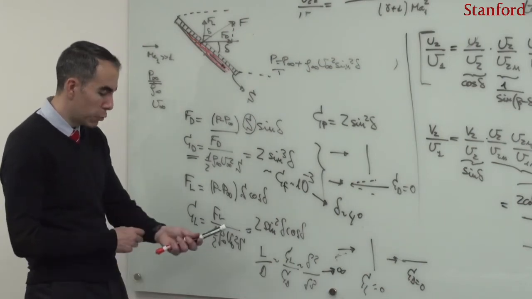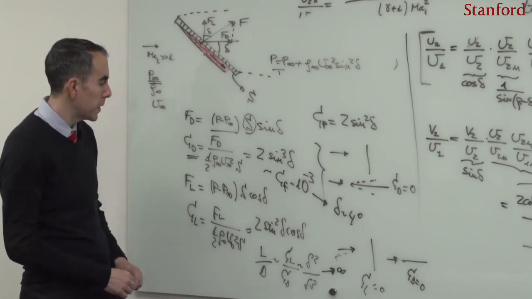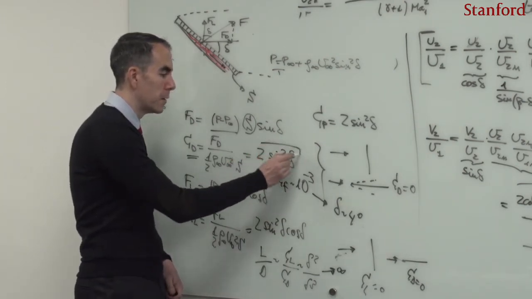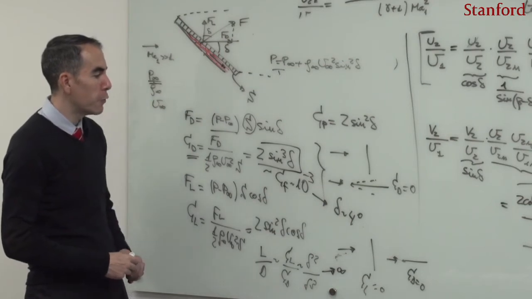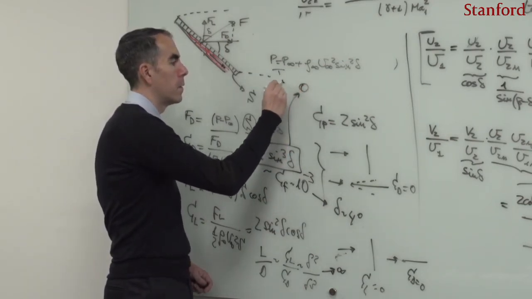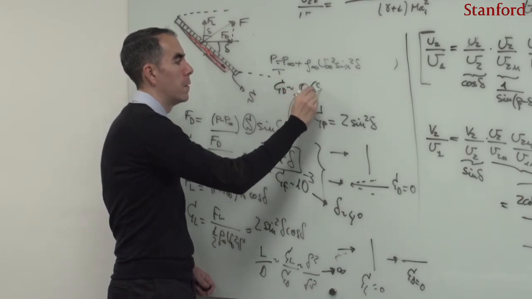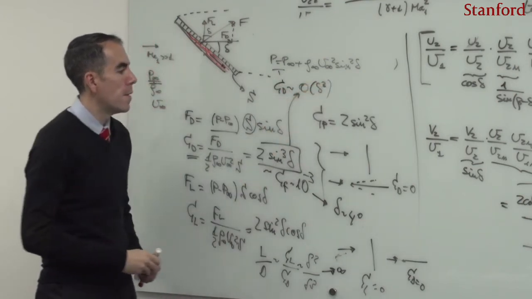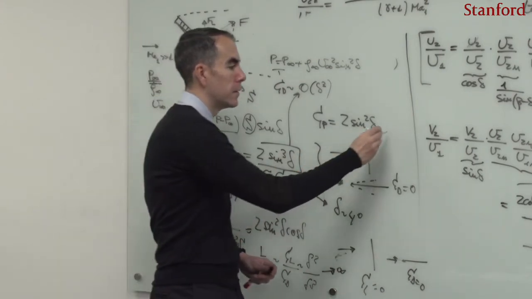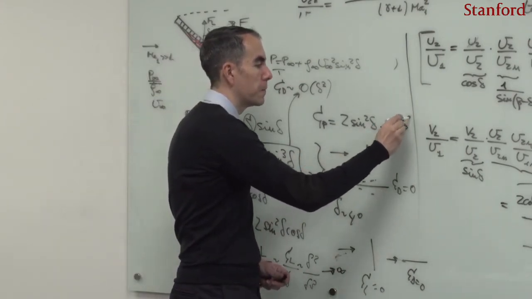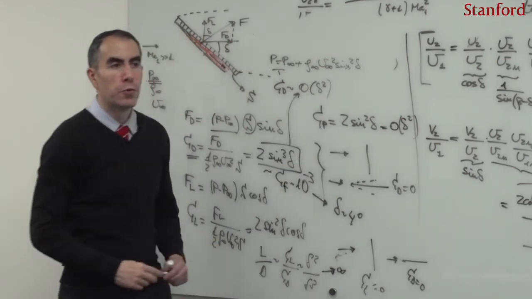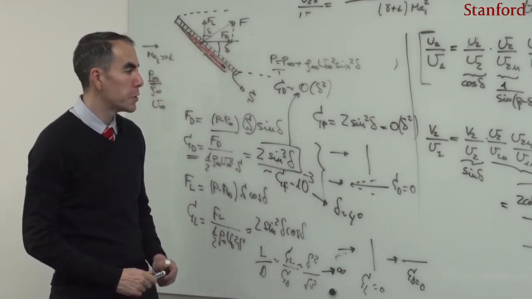Another thing that is important to notice in this formulation is that the drag coefficient, according to this expression, for a small delta is of order delta cube. And this pressure coefficient for a small delta is of order delta square. Well, this is in contrast, for instance, to the theory of linear supersonic aerodynamics.